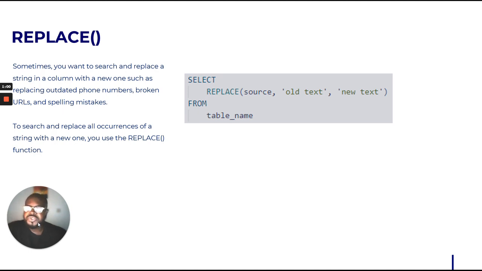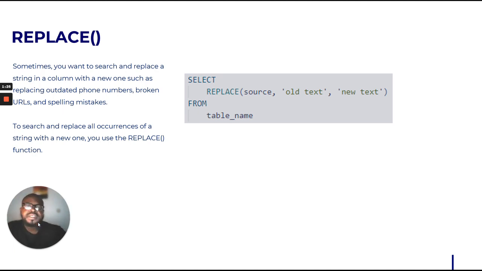So basically, it's used to search for a particular set of strings in a column and replace that string with a new string. An example is replacing an outdated phone number or a broken URL or spelling mistakes. So that's how we use the replace function, and the syntax is quite simple.